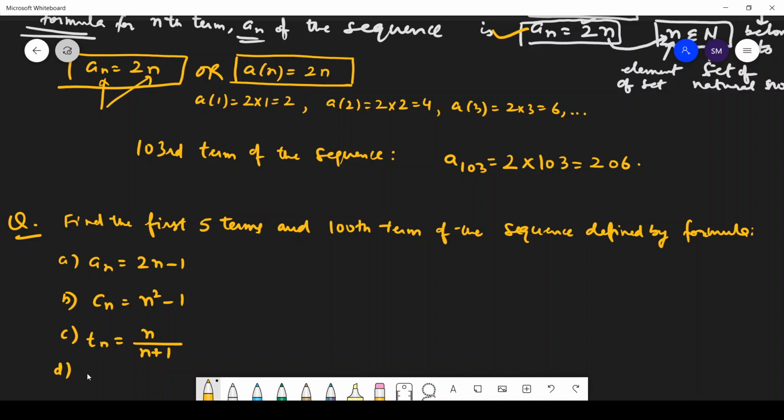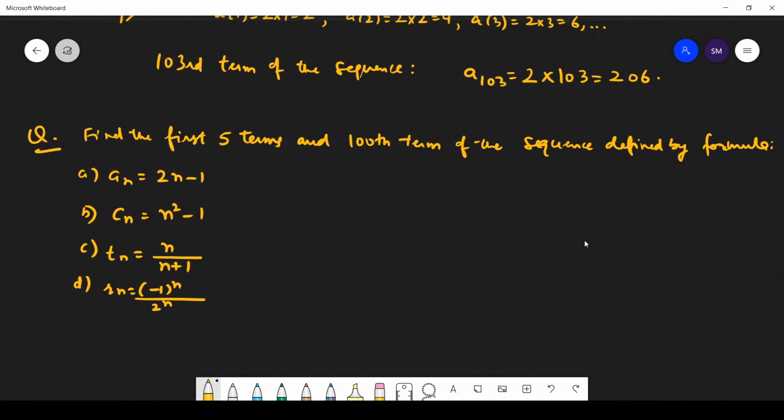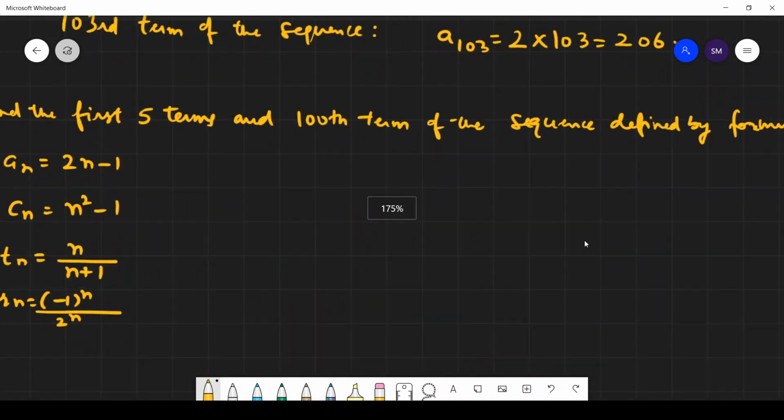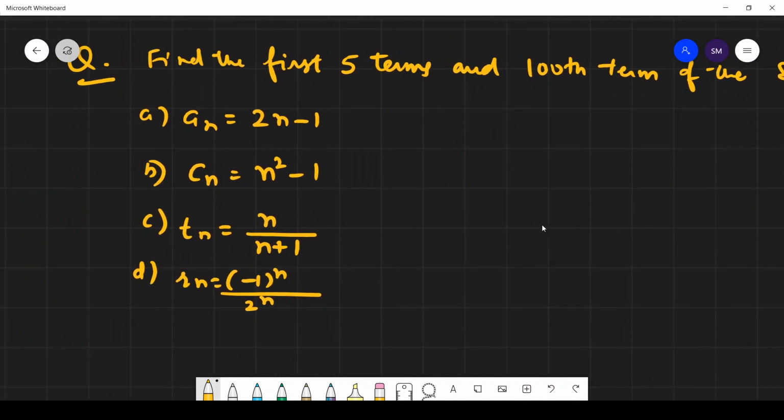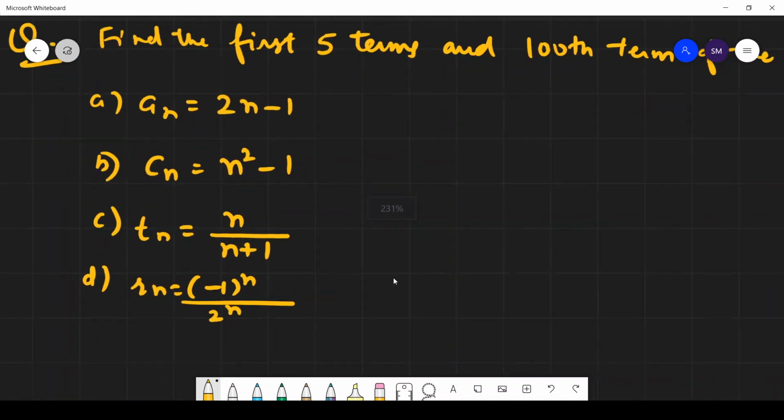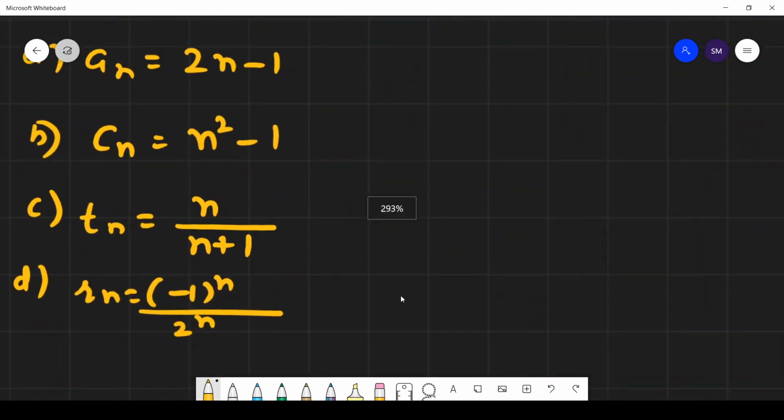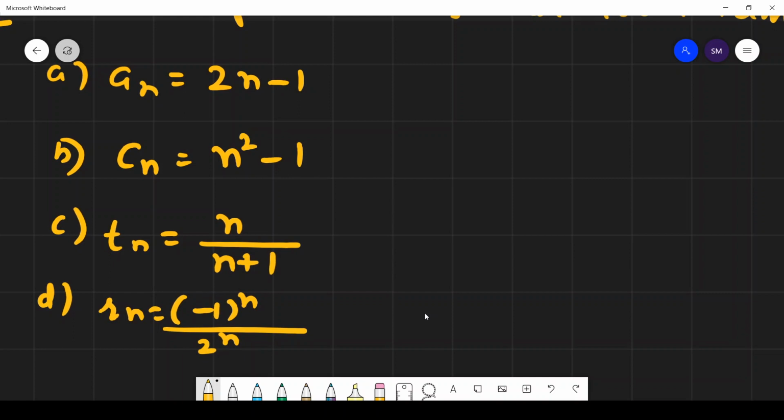And then part d: rn equals minus 1 raised to the power n divided by 2 raised to the power n. So you have to find the first 5 terms as well as the 100th term. Okay.